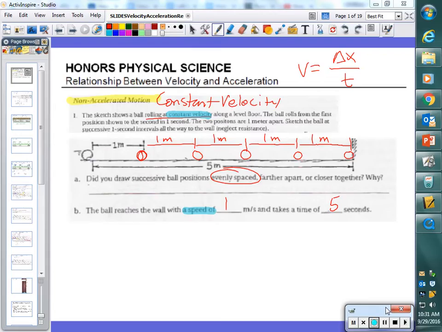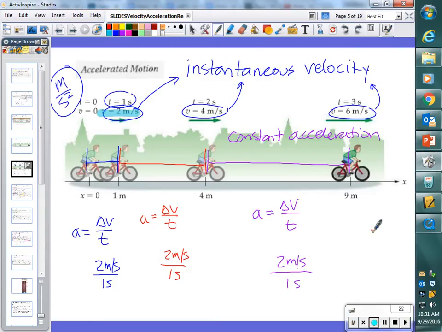So we've been looking at how those four things are all interconnected, and if we change one, we cause changes in the other. We started our discussion with constant velocity, where nothing is changing. The displacement each second stays the same, the velocity stays the same, the acceleration is 0. And then we spent a lot of Tuesday and yesterday talking about constant acceleration, where something is continuously changing velocity.